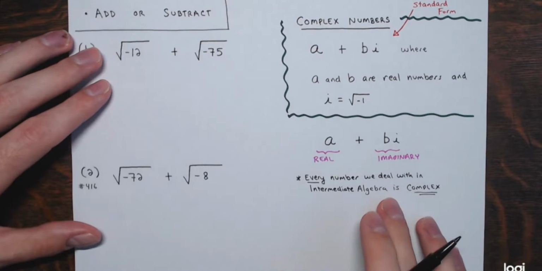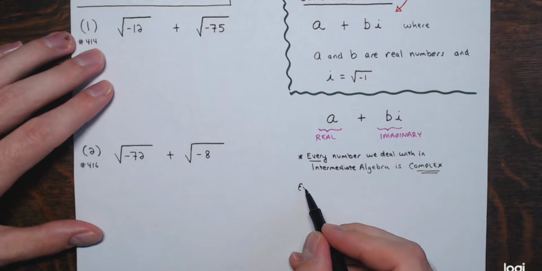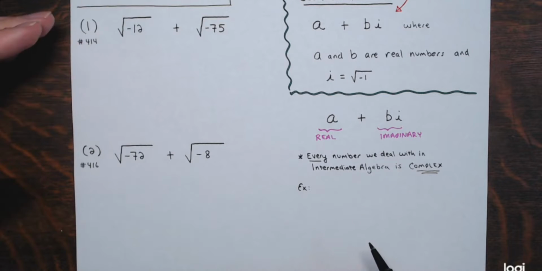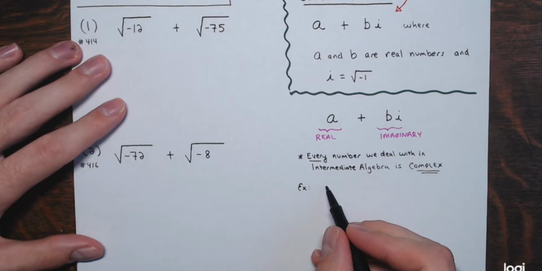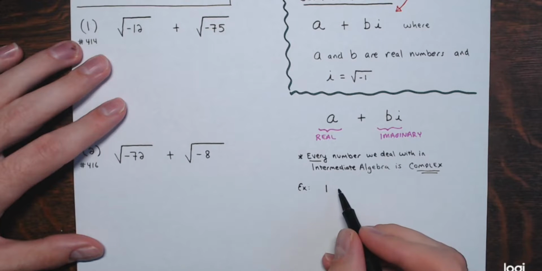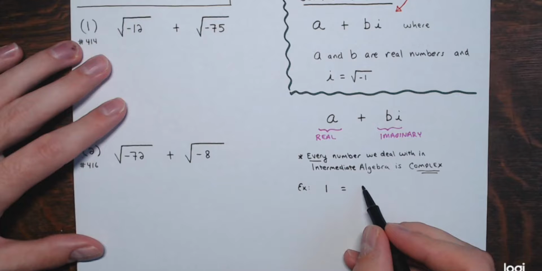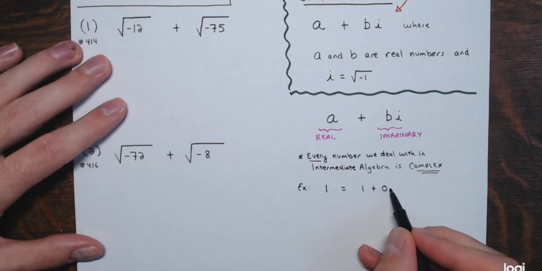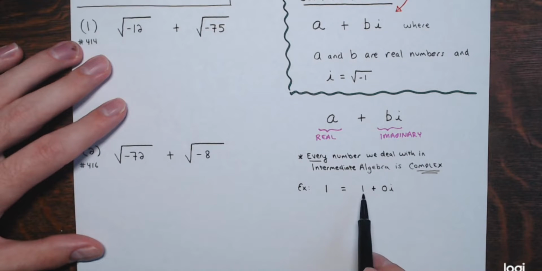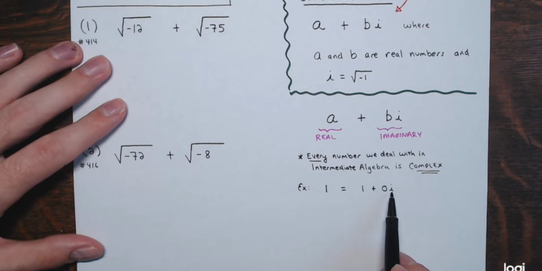For example, all the real numbers are complex. Take 1, that's real. You can express 1 as 1 plus 0 times i. There's a real number plus a real number times i. And 0 times anything is still 0, so this is still equivalent to 1.